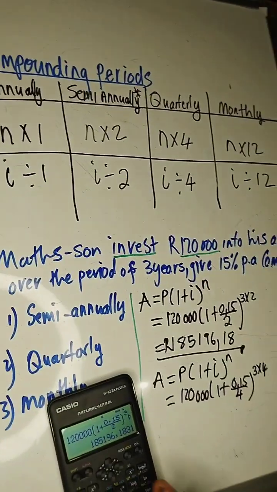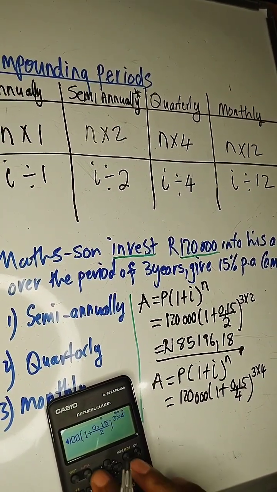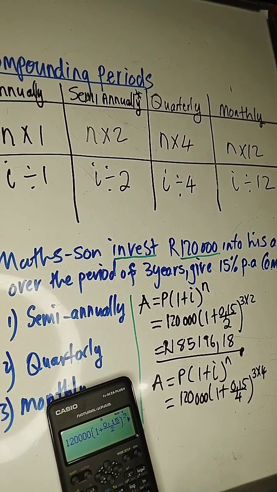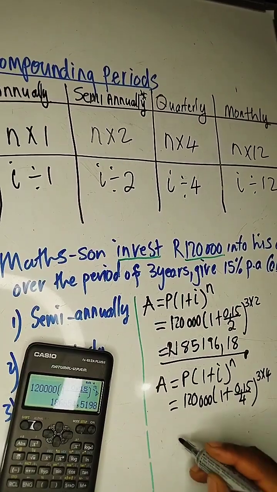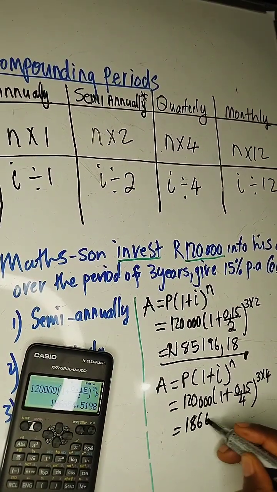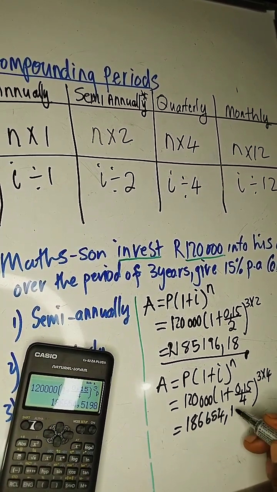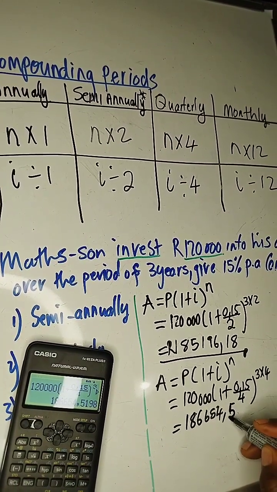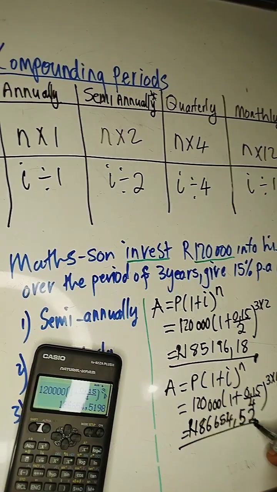Now let's change it on our calculator. Here we have 4, and then down there we have again 4. Now we have 186,654.52.